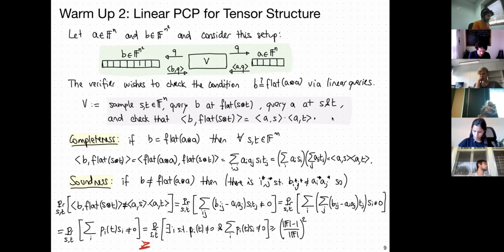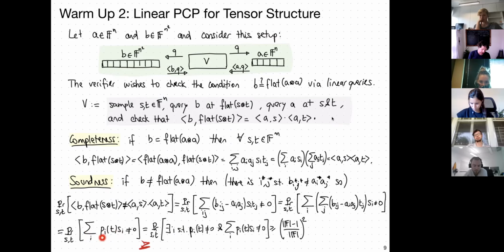Wait a minute. Let me see what you're saying. I am summing over I, and I have n different polynomials all being evaluated on the same point. Is that correct? Yes. But that is not what your double summation says. Let me see. I'm writing here these two polynomials, and then what am I grouping?